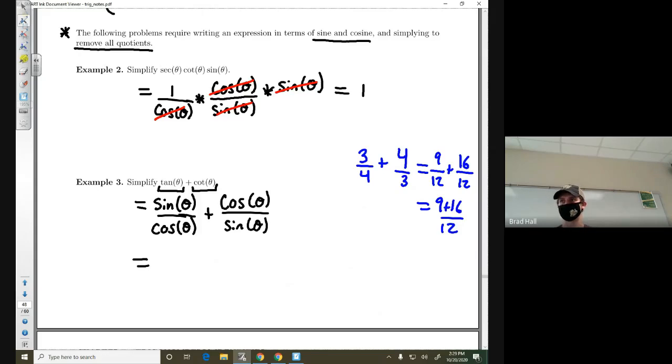That's the product of the two denominators. So how do we get the common denominator? It's cosine times sine, or cosine of theta times sine of theta. So the least common denominator is cosine of theta times sine of theta.